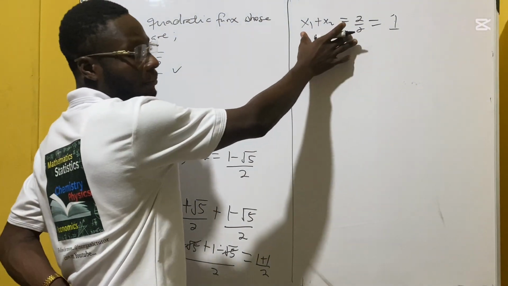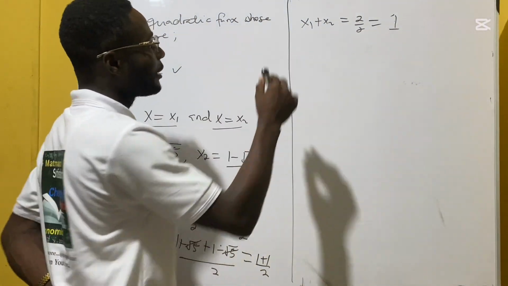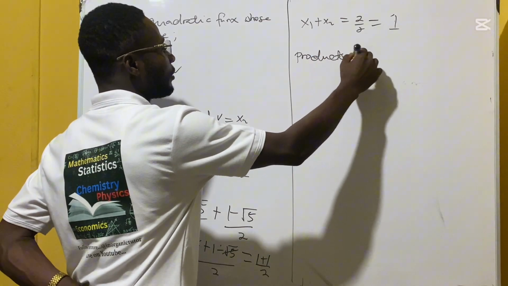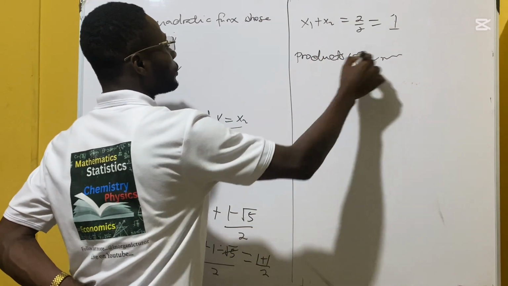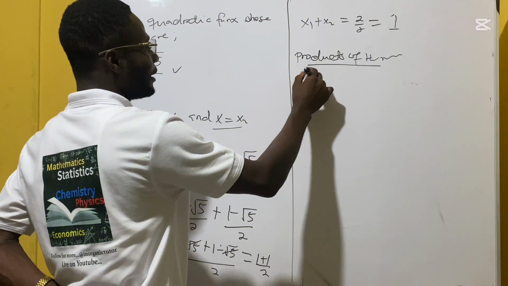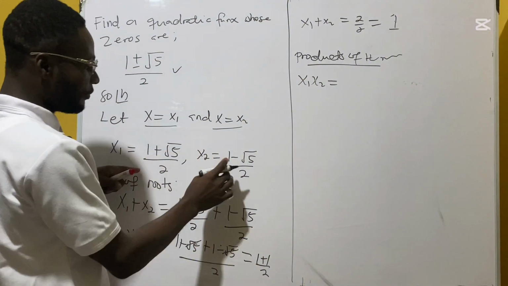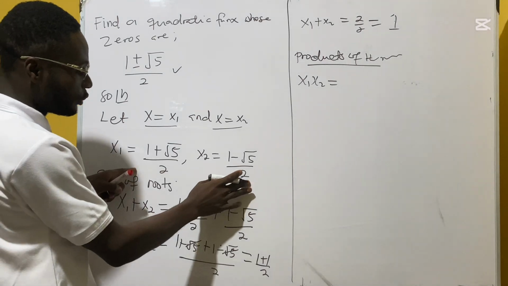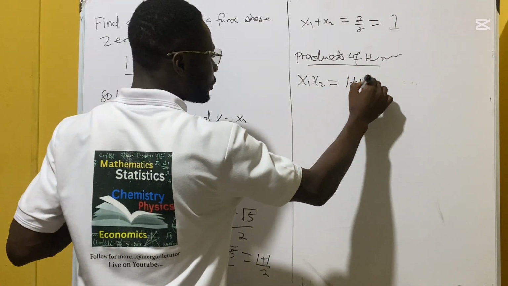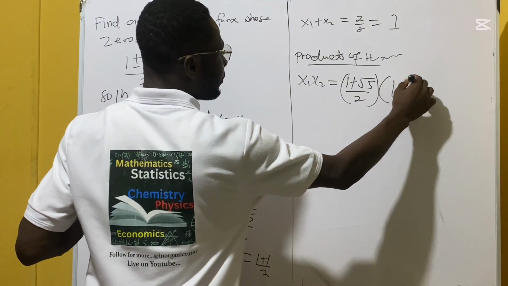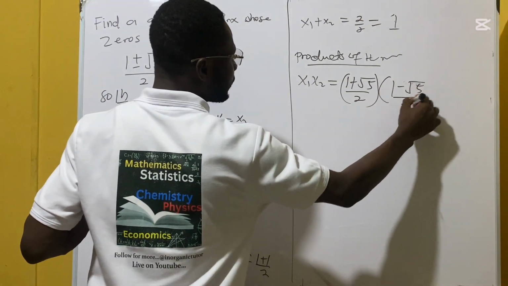Now we have the sum, so we have to find the product. The product of these roots is x1 times x2, so we have (1 plus square root of 5) over 2 multiplied by (1 minus square root of 5) over 2.